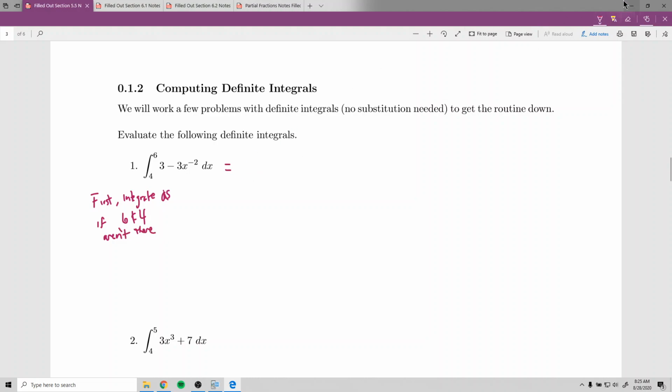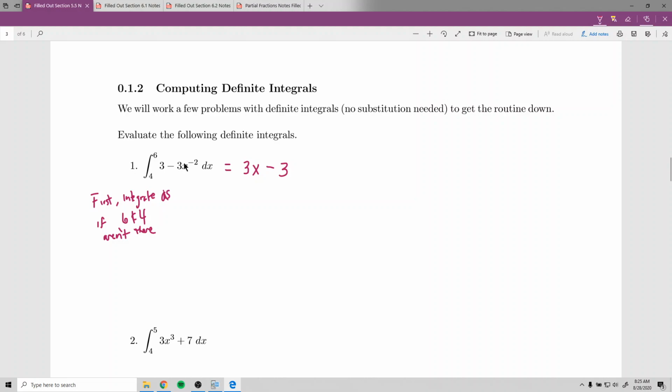All right, and this is something we can integrate all at once, because you can separate it into the two different integrals because of the minus, but we could do each part individually. When we integrate a number, 3, we get that number times x, then minus, and when we integrate 3x to the -2, the 3 sticks around.